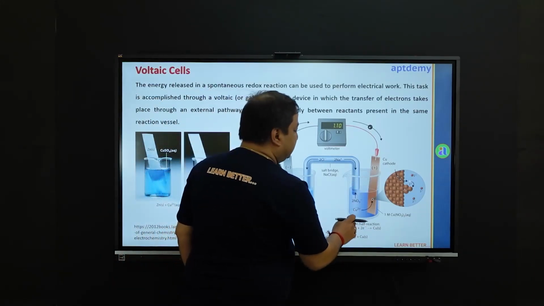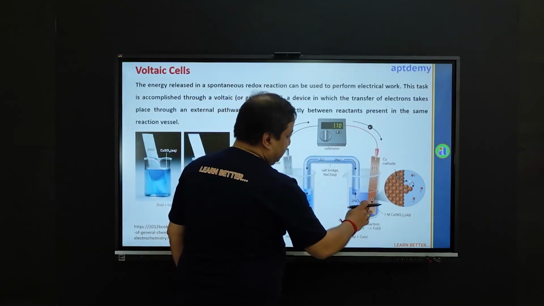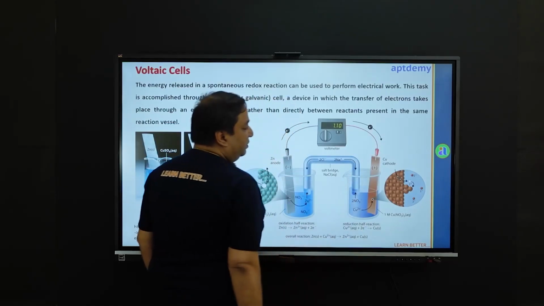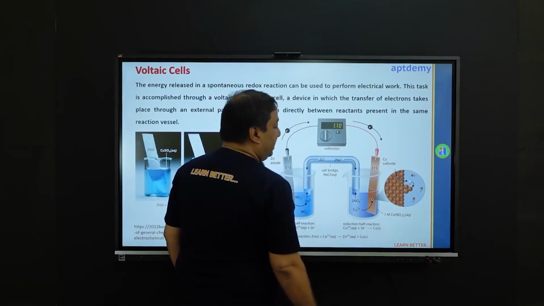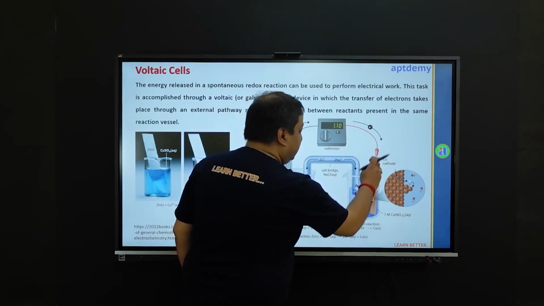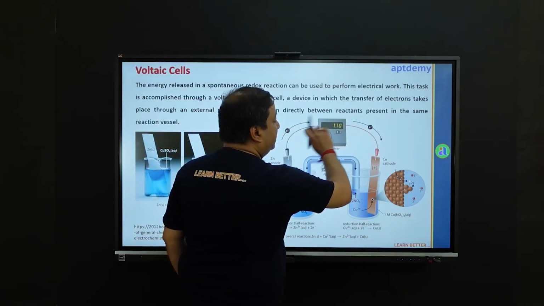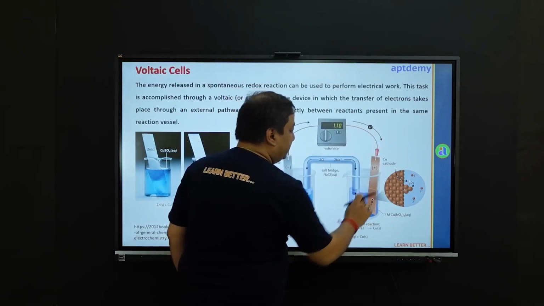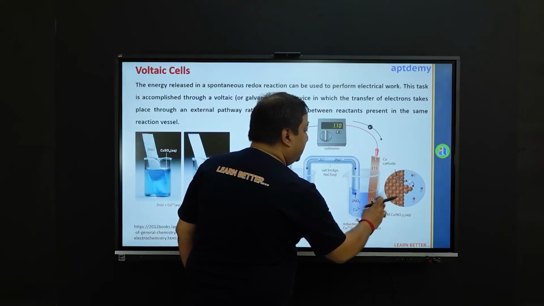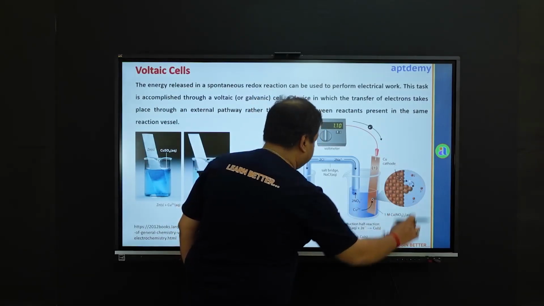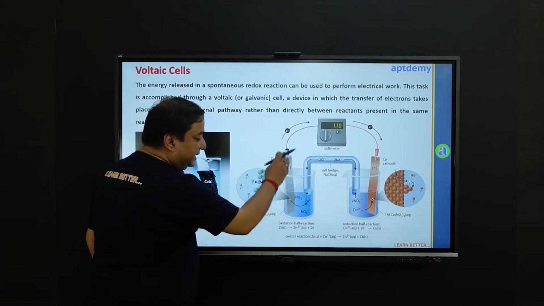Similarly, over here we can see that the copper ions from the solution are moving towards the copper plate, and over here the copper 2 plus ions are getting reduced by accepting electrons from this electrode, which are being transferred from the zinc anode via this wire through the external circuit to this electrode, and so there is accumulation of copper over here, okay, as we can see in this enlarged picture, whereas there is corrosion of zinc from this electrode.